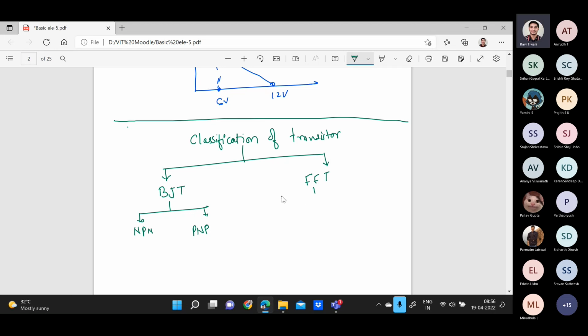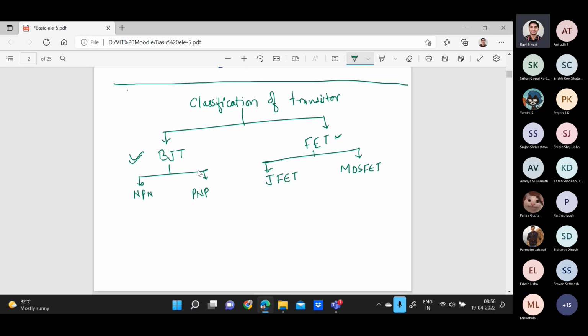In that also we have two parts. One is the junction field effect transistor, and another one is MOSFET, metal oxide semiconductor field effect transistor. So the BJT part we have already covered. Now in today's lecture we will start FET, the field effect transistor.